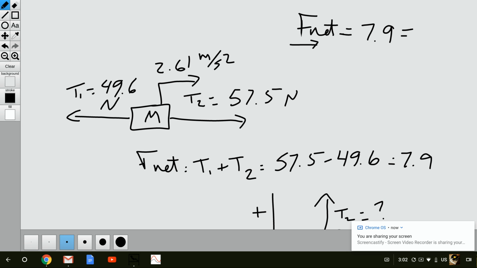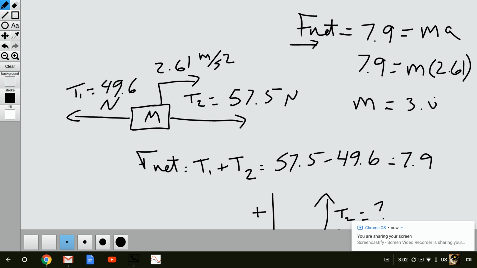We know that this is equal to the mass times the acceleration. So 7.9 equals this unknown mass times 2.61. If we divide that, we get the mass is equal to 3.03 kilograms. Or really, it's 3 kilograms.